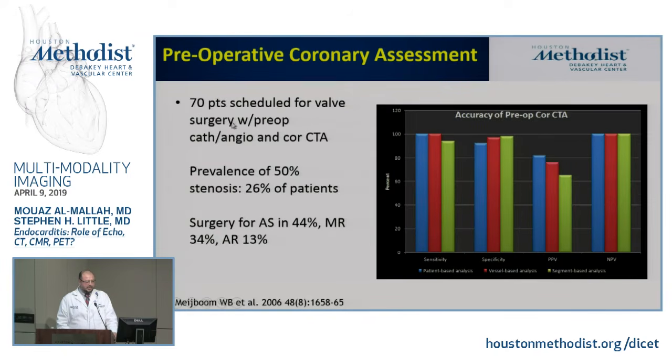Now, some studies looked at those patients where you can see the coronaries, and it does have high negative predictive values. Among patients, these are not all endocarditis. These are like all comers, usually more stable, especially the MS patients and the AS patients.